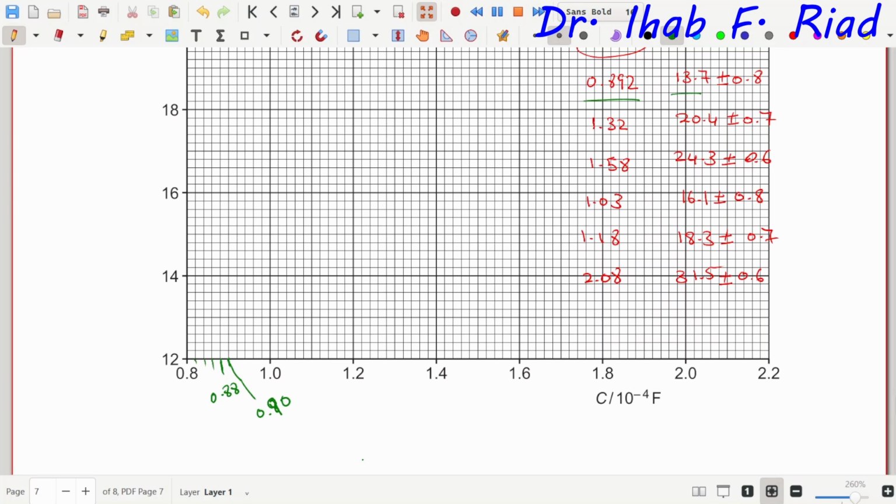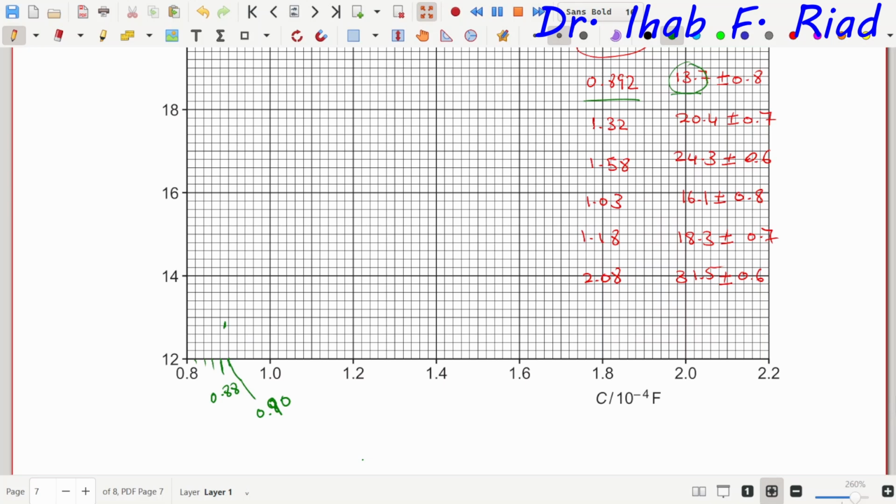Between 0.88 and 0.9, the value on the x-axis is going to be somewhere around this point. Okay, it is going to be around here. So what is the y?